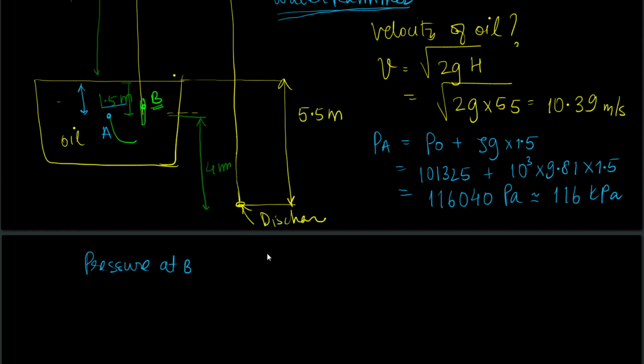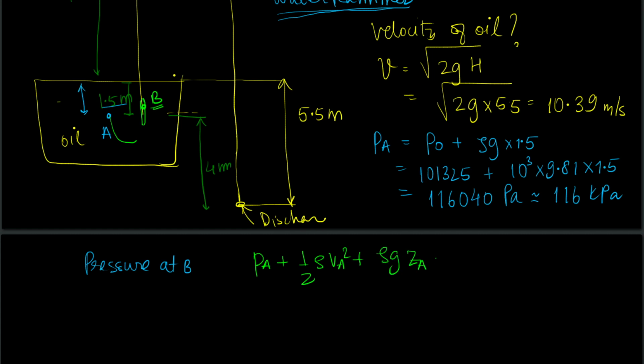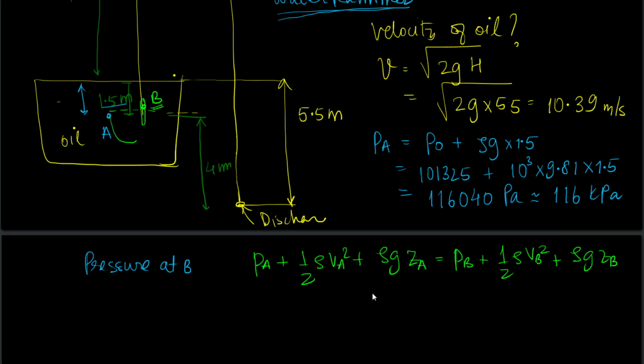This means if I apply Bernoulli theorem between points A and B, PA plus half rho VA squared plus rho g ZA is equal to PB plus half rho VB squared plus rho g ZB, and points A and B are given at the same level, so these two terms vanish.